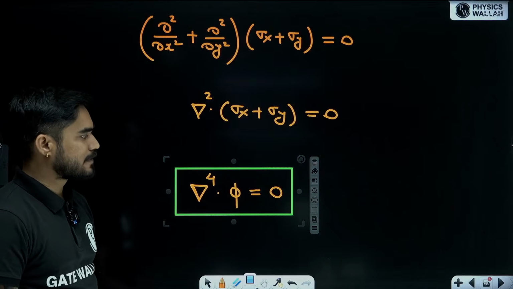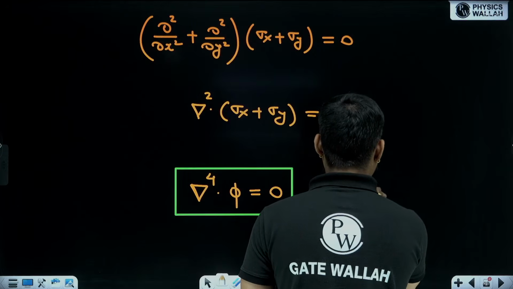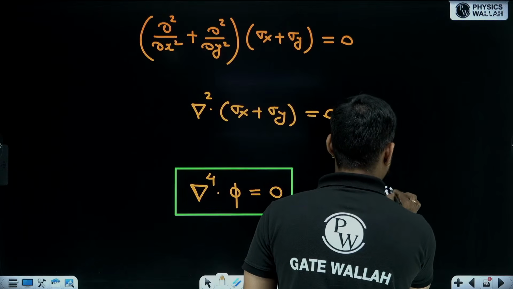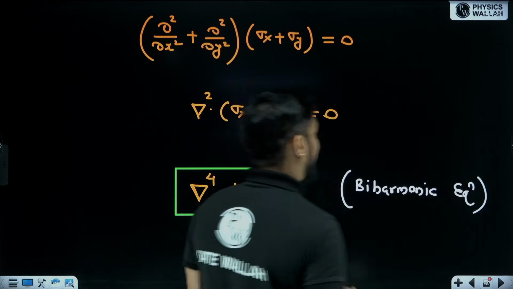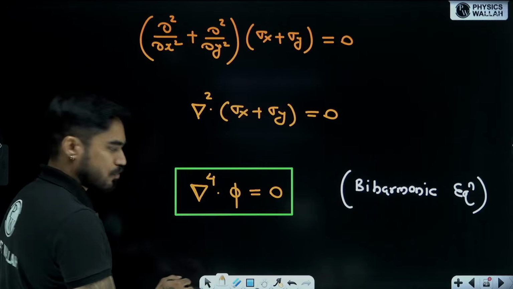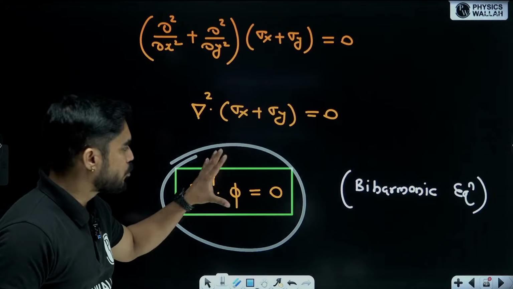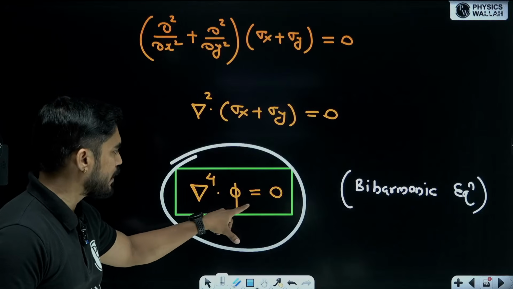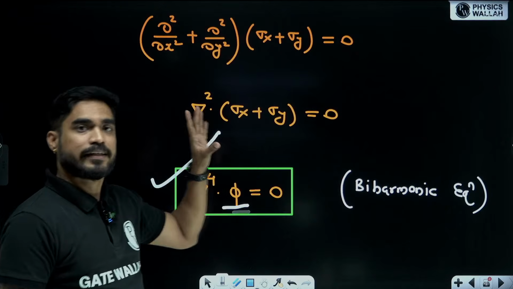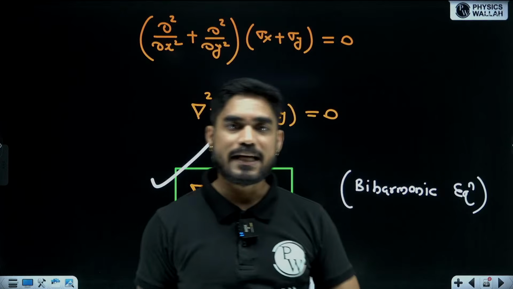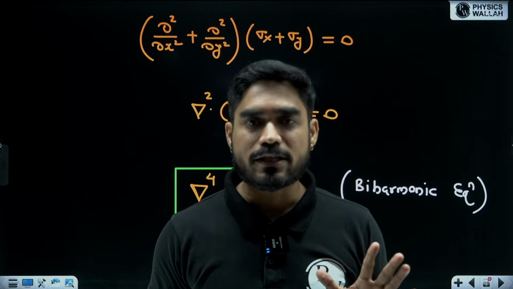What is this? This is known as the biharmonic equation. What is the significance of this equation? If the function phi satisfies this single equation, it automatically satisfies the equilibrium equations as well as the compatibility equation.